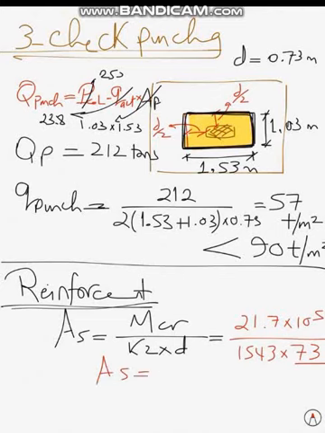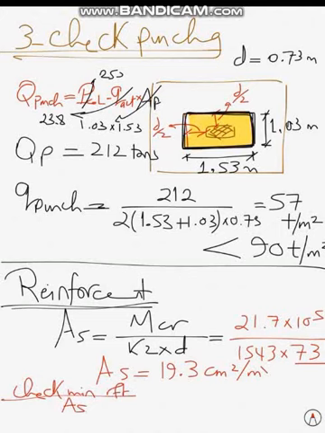And I found area steel is equal to 19.3 centimeter squared per meter run. I need to check the minimum reinforcement. AS minimum is equal to 0.15% of the concrete area section, which will be equal to 12 centimeters squared per meter run.